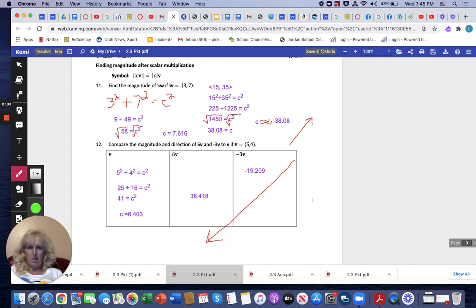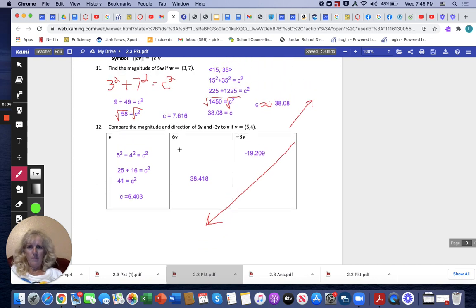Okay, so that should give you a little bit better of an idea. 6v just goes, instead of just 1 here, you're going to go 6 times way up, which we don't have the room to do all that.